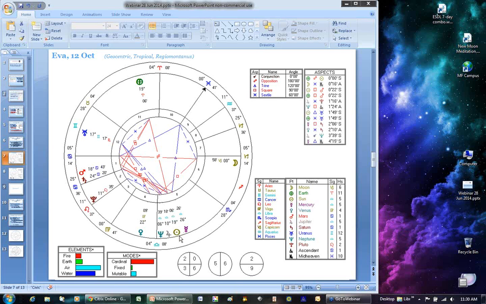My Sun represents the personality, and the personality is in the sign of Libra. What is Libra all about? Libra is about balancing, right? And the exoteric keynote for Libra is let choice be made.